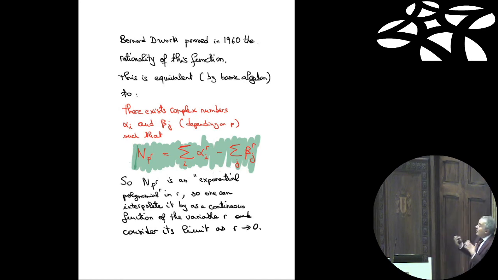So let's say it again. Knowing that the function is rational tells us a lot about the structure of this number, and it tells us enough to give a meaning to the limit. So this explains the first part of the statement that these numbers have a limit.